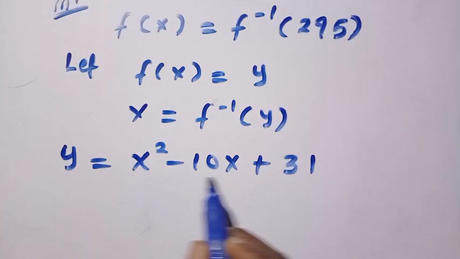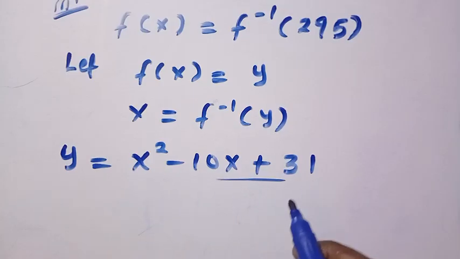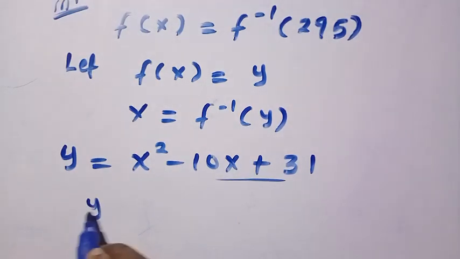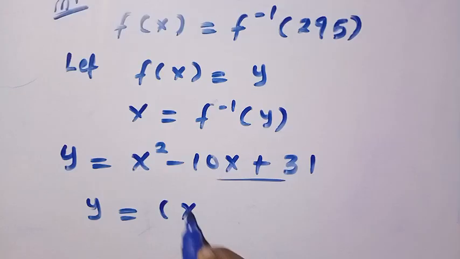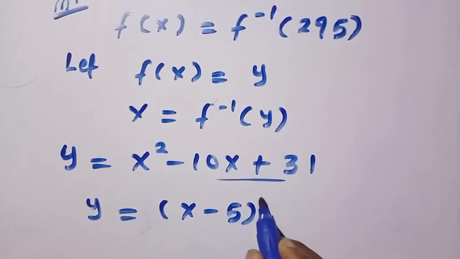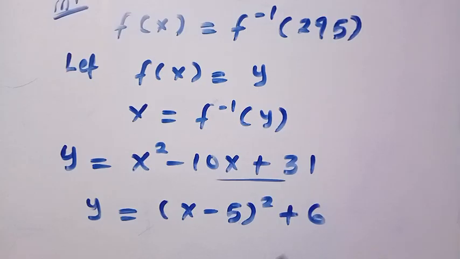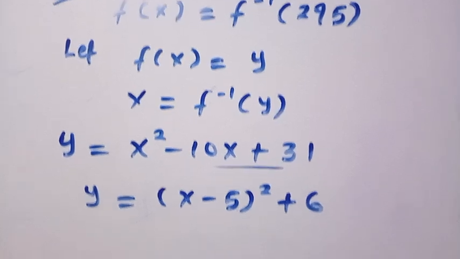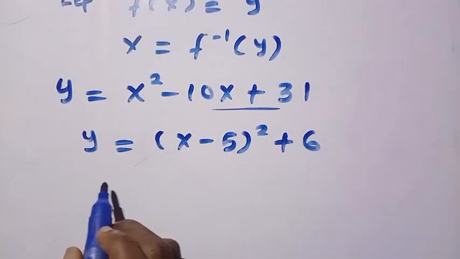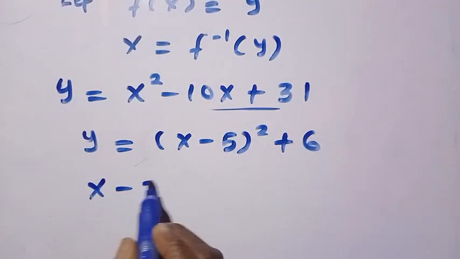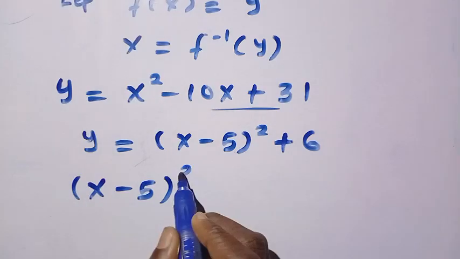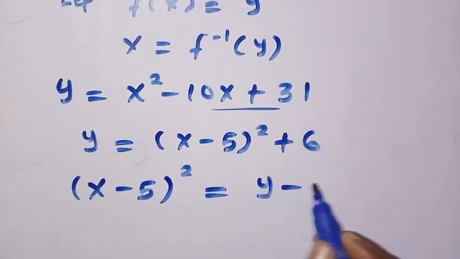But we are going to do something here because it's a quadratic. You can just reduce it to y equals x minus 5 squared, plus 6. This is still the same thing. Then let's take this 6 to this side. So by taking 6 here, we have x minus 5 raised to the power of 2 equals y minus 6.